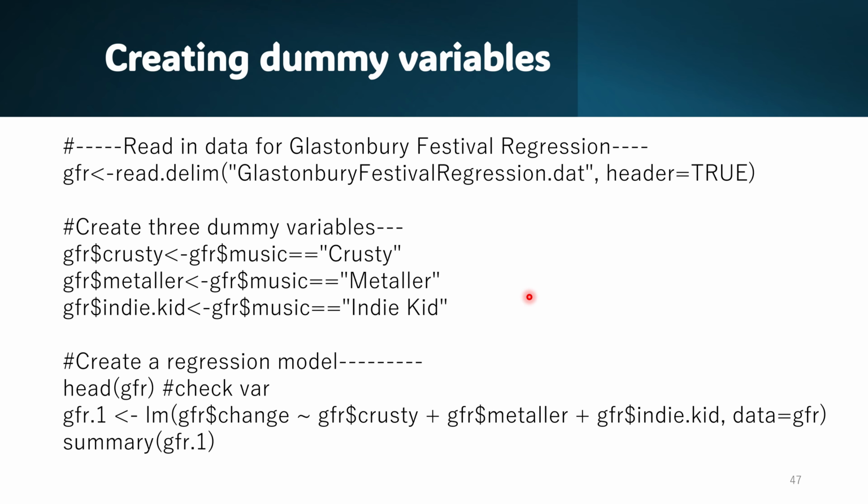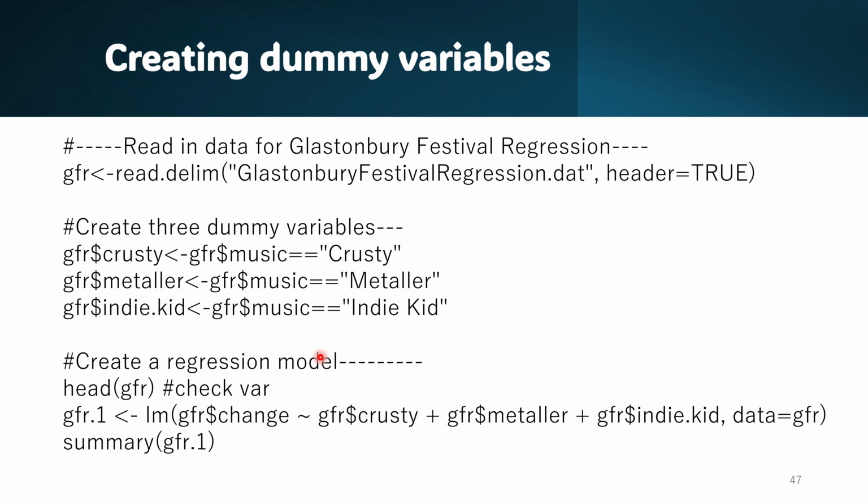Such a 1 or 0 variable is a dummy variable. And we can use such dummy variables as the explanatory variables.